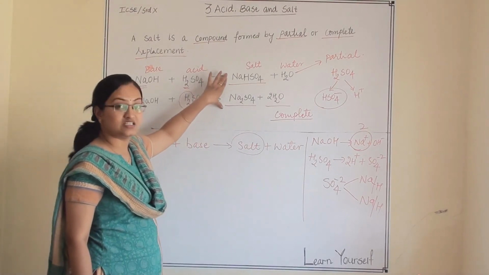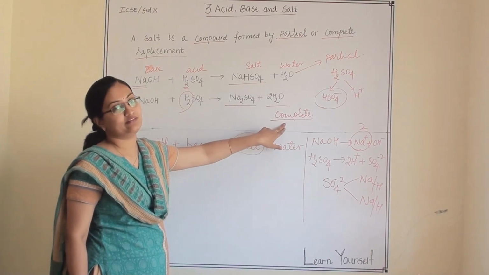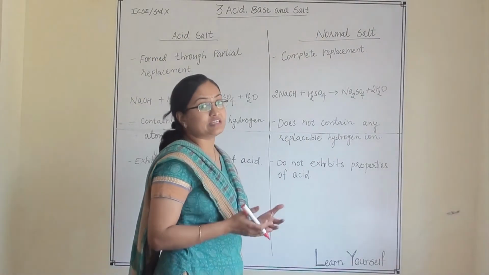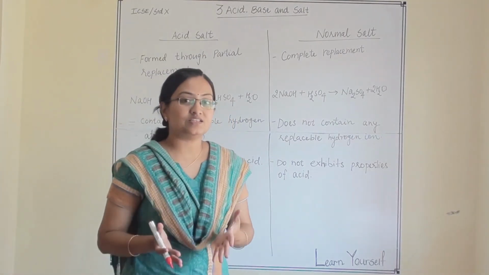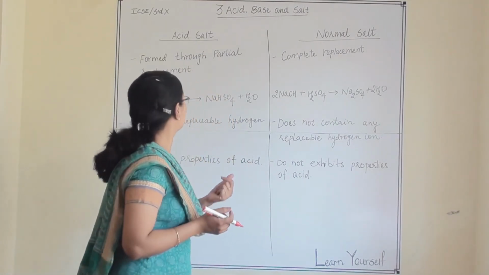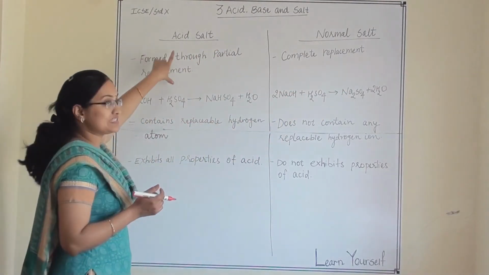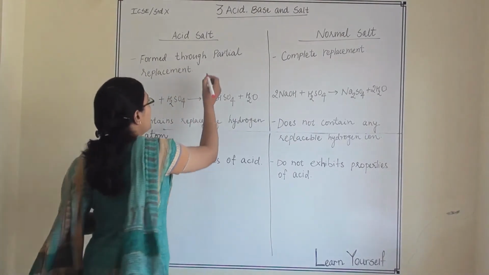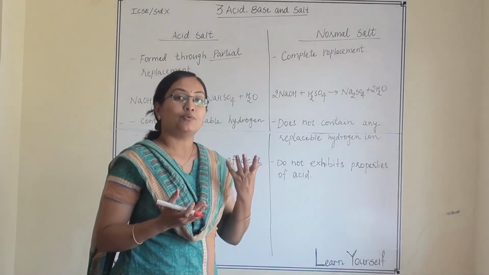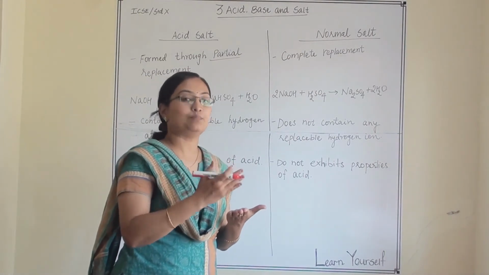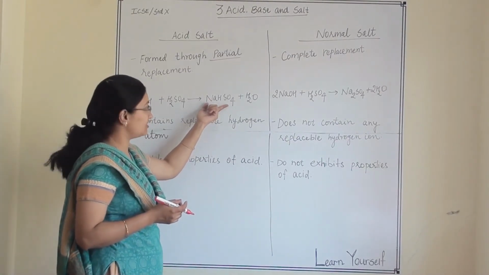In this case, both are solved, through partial replacement and through complete replacement. So we have seen what a salt is. Now we will see the difference between acid salt and normal salt. This is an acid salt and this is a normal salt. What is an acid salt? It is formed through partial replacement. We have seen that when a partially replaced salt is formed from H2SO4, sodium hydrogen sulfate will form.